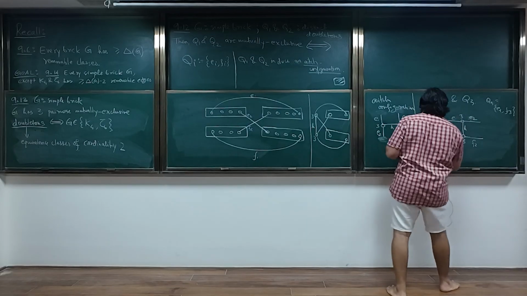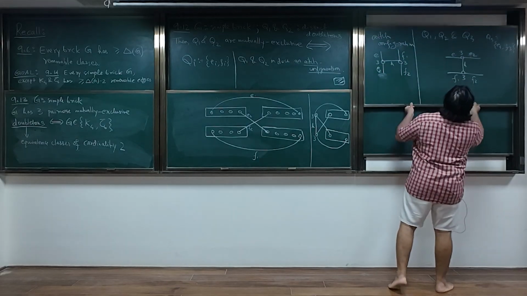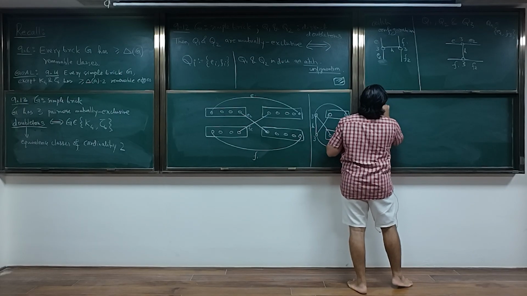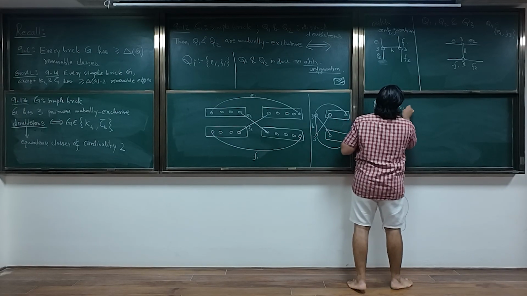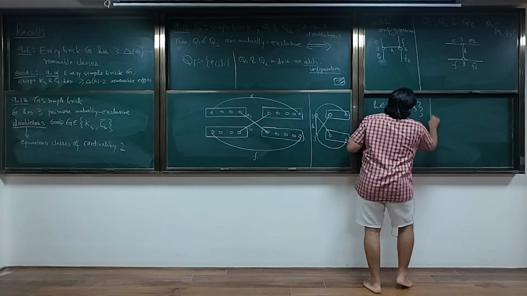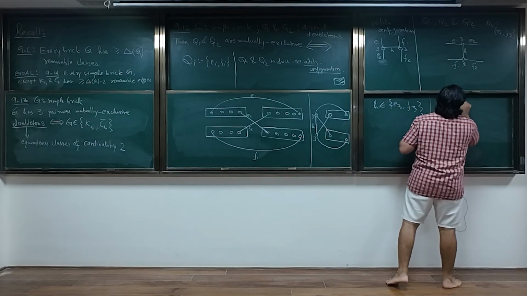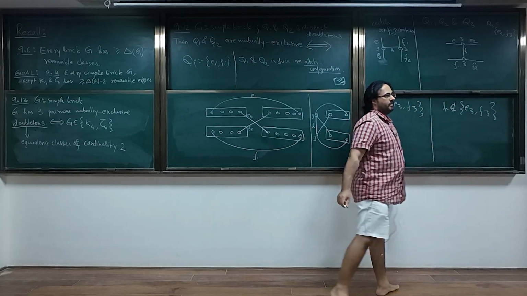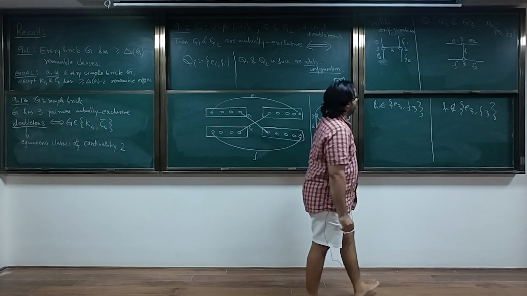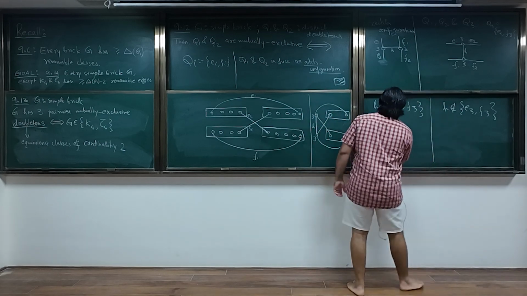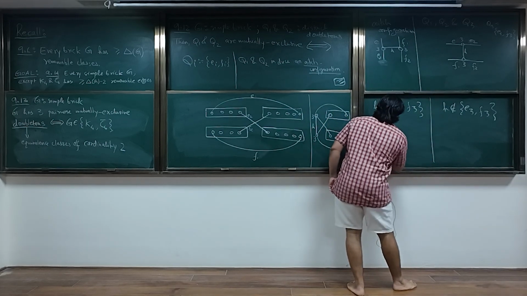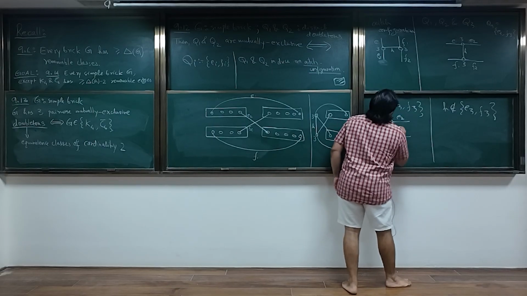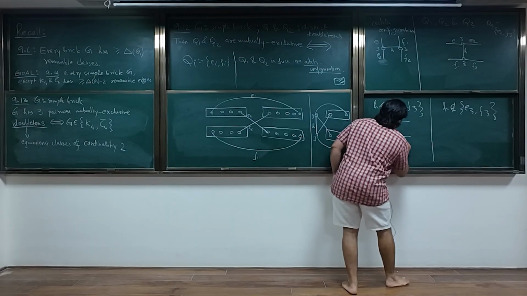Either the H edge is in this set or H is not in this set. Okay, let's suppose H is in this set. This is E1, E2, F1, F2.